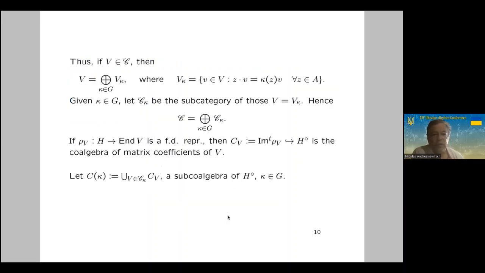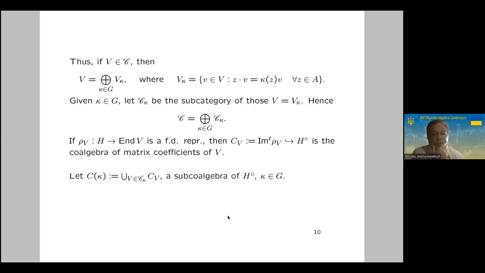In other words, if V belongs to the category C, then V is a direct sum of V kappas, where V kappa is the isotypic component of type kappa. Furthermore, I consider the subcategory C kappa, consisting of those objects V such that V is equal to V kappa. In other words, we have a grading of the category C as a direct sum of all subcategories C kappa, where kappa is in G.